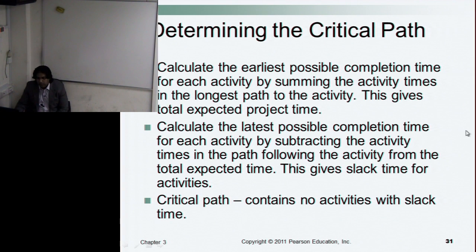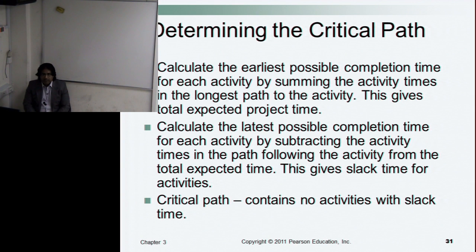Now, after that, we have to calculate the latest possible completion time for each activity by subtracting the activity times in the path following the activity from the total expected time.